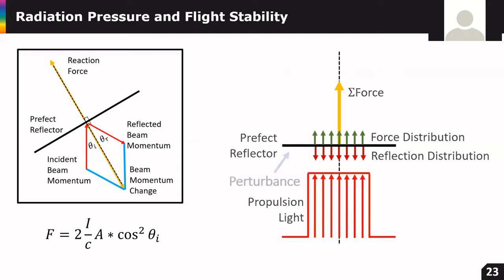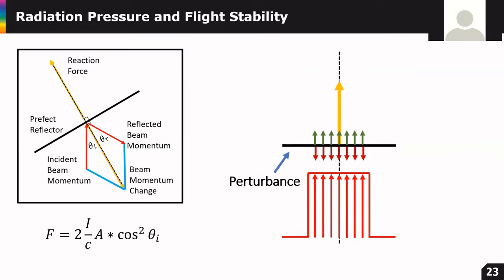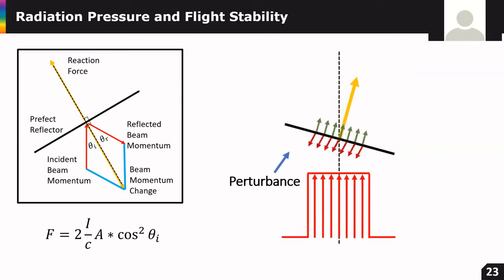However, if there's a perturbation which causes this flat sail to deflect by an angle, the angle of incidence of this light causes the momentum change, again, to be normal to the surface. And this sum of the forces is now pointing away from the optical axis, which causes the sail to move away from the optical axis and fall out of the beam, and it is no longer being accelerated towards Proxima. This is an example of a configuration which is unstable.